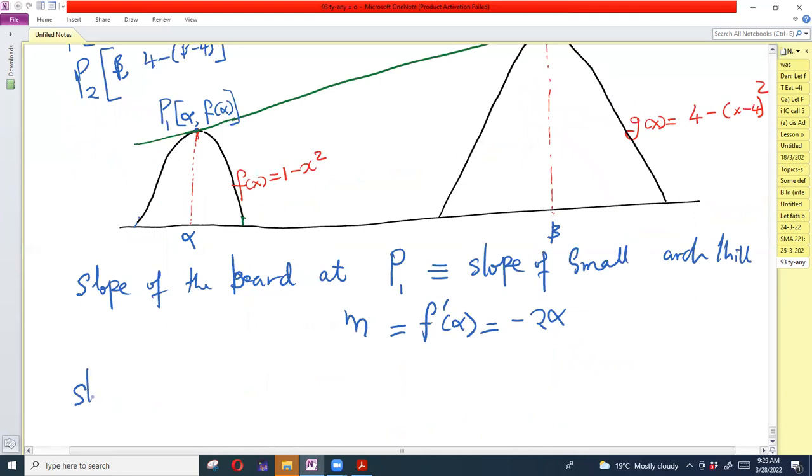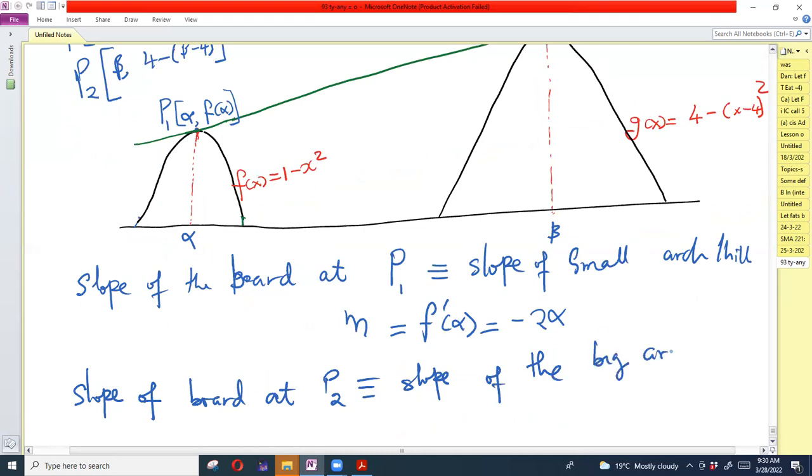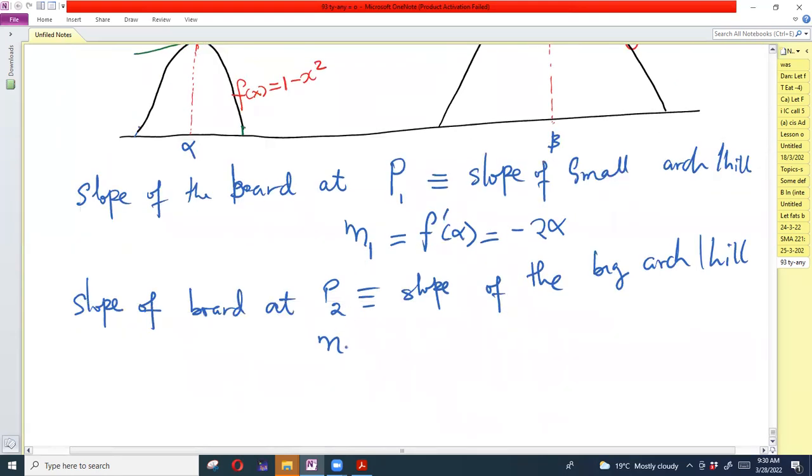Also, the slope of the board at P2 is the same as the slope of the big arc, or hill. We call this one M1 and this one M2. M2 will be given by g prime at beta.